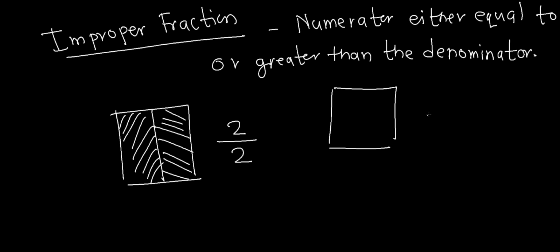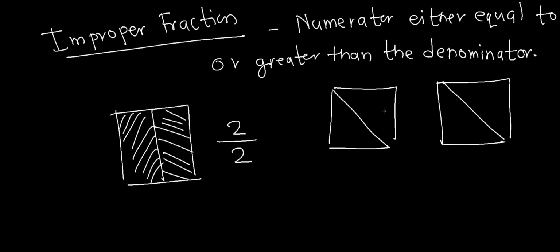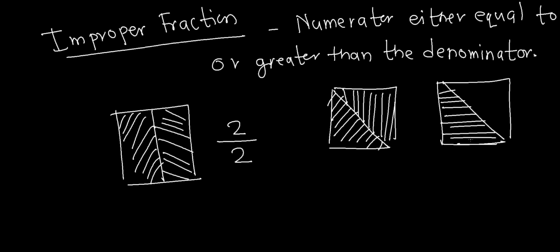There is one more. Let's say these two shapes as a whole, and I have divided them equally and am going to select 3 out of 2 shapes.